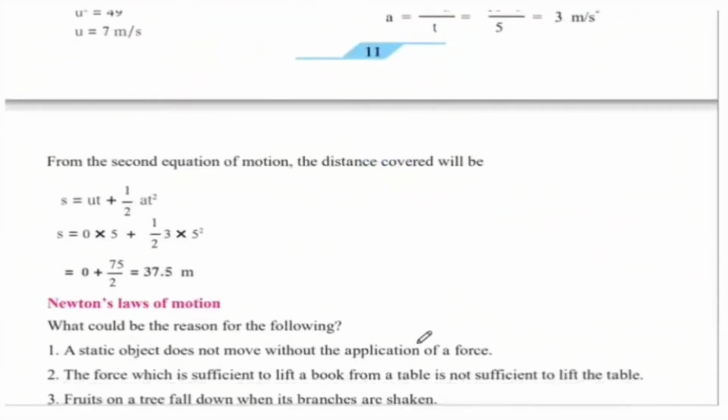Now to find the distance, we can use the equation relating displacement and time, that is S is equal to ut plus half at square. We know the initial velocity, the time, and now also the acceleration. Just by simple substitution, you would get the displacement as 37.5 meters.